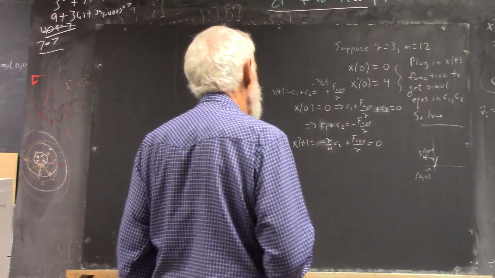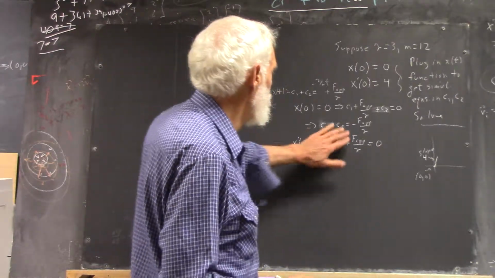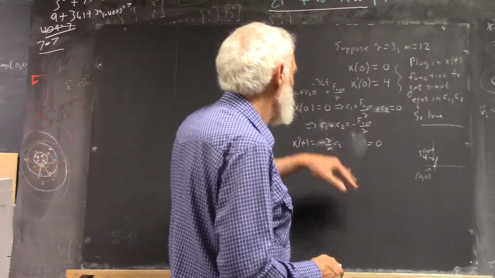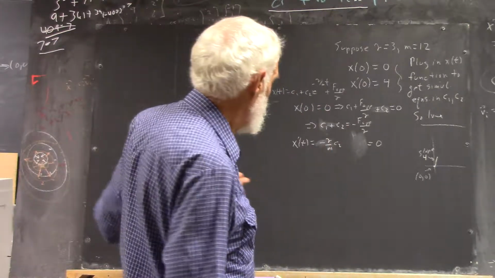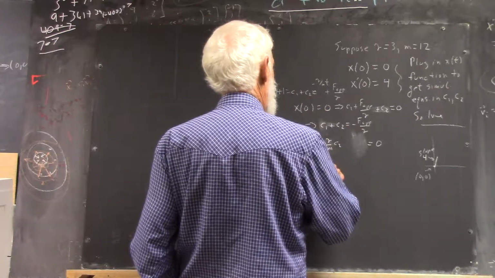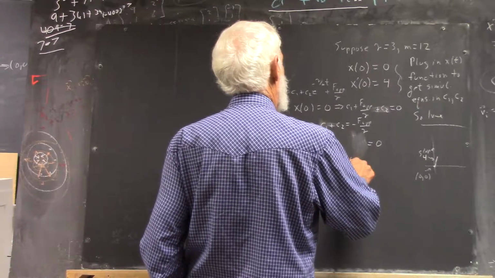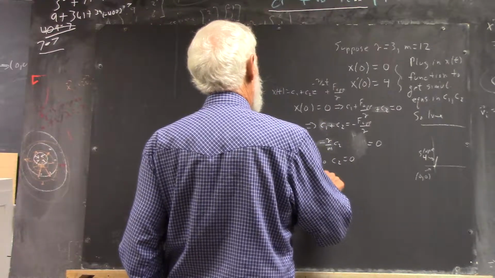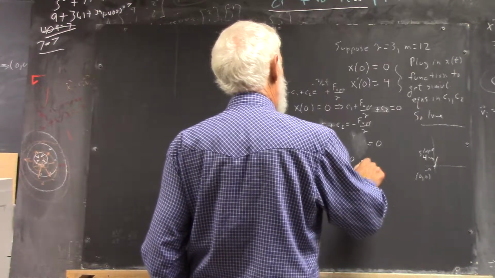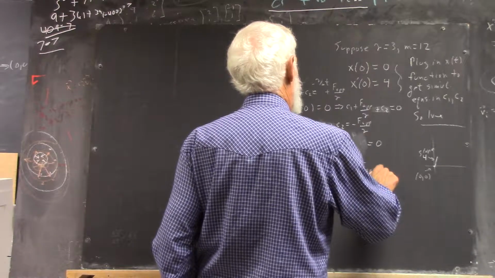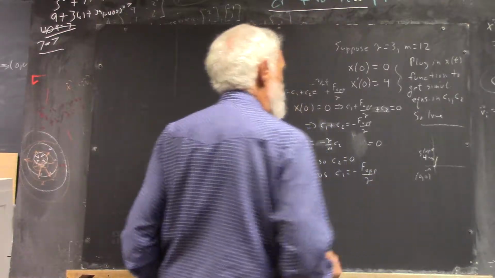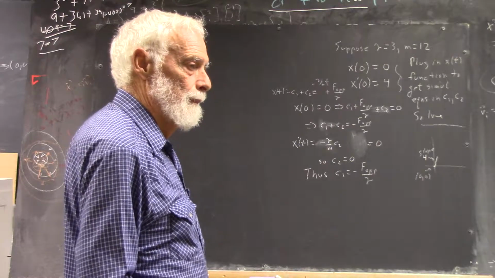Plus C1. No, C1 goes away because of the derivative. Actually, that goes away too. It's constant. Derivative 0. So C2 equals 0, thus C1 equals negative f applied over gamma.